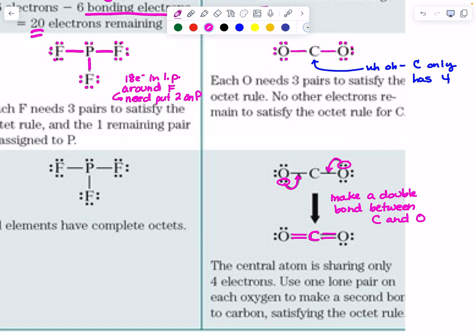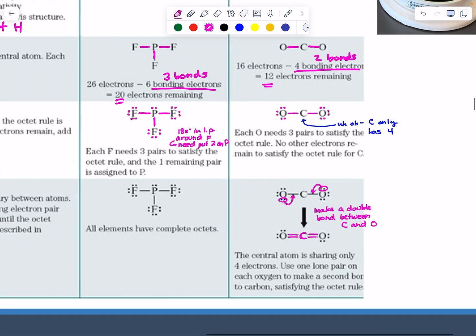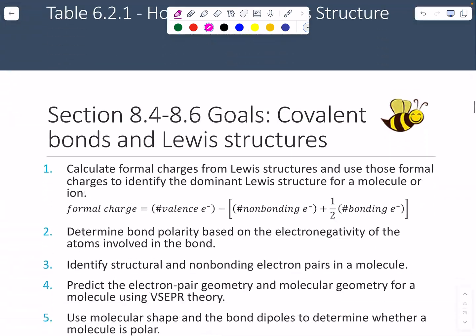So the very last step that we do when we're drawing Lewis structures, for molecules that only have one Lewis structure, is adding double or triple bonds, whatever I need to get to where I'm going, to satisfy that octet rule. So, all right, that's my basic procedure.